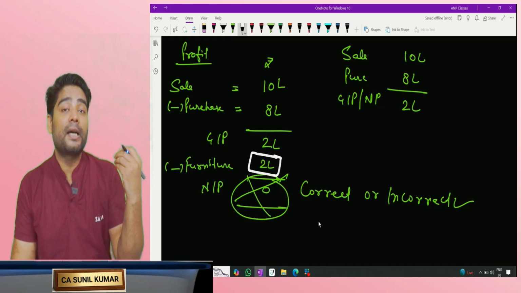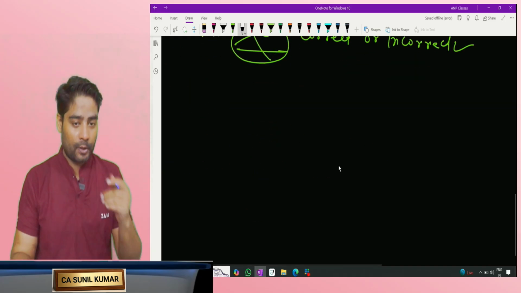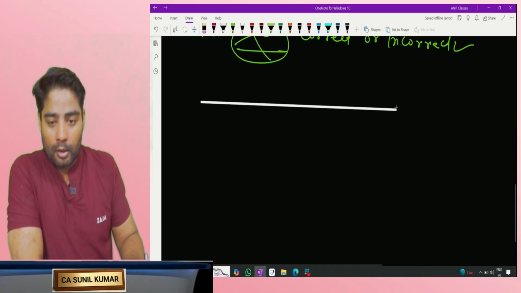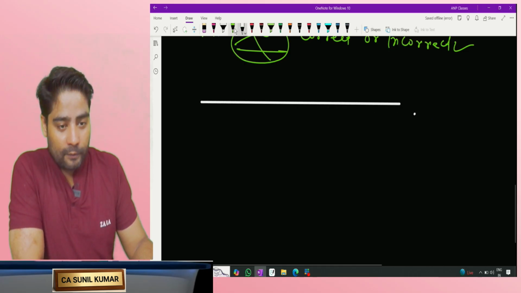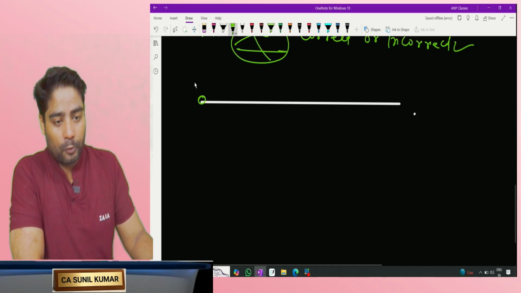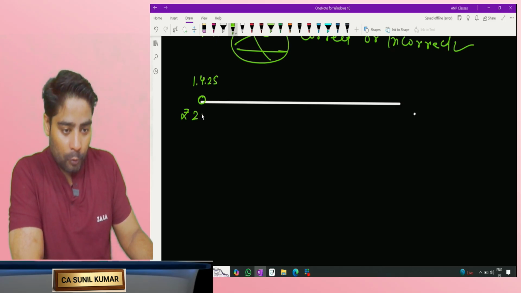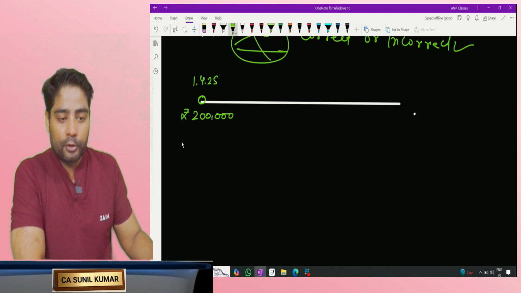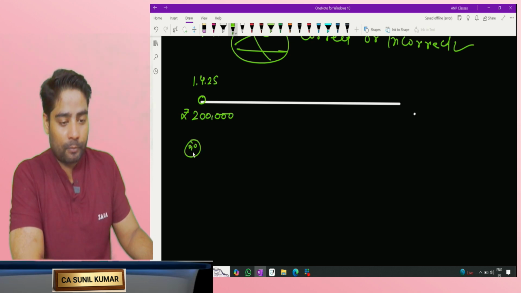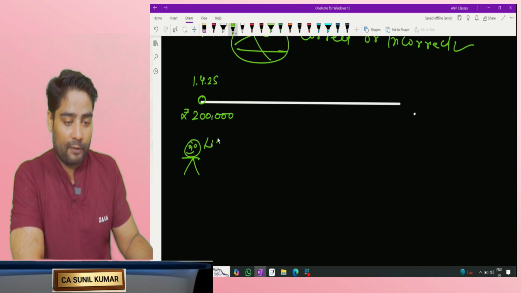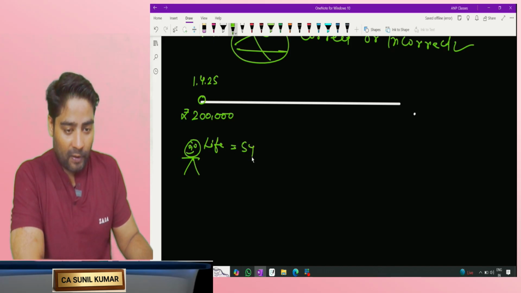So what will be the expense for the furniture? When we bought the furniture, let's suppose on 1.4.25 for rupees 2 lakh, the owner of the furniture said the life of this furniture will be 5 years.